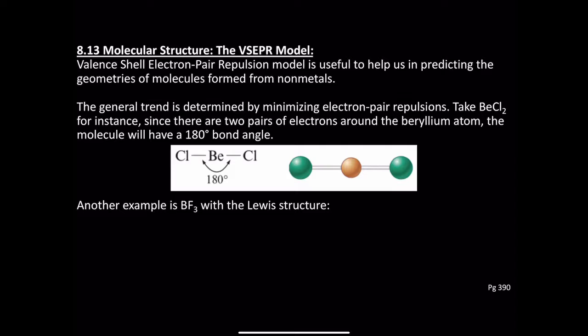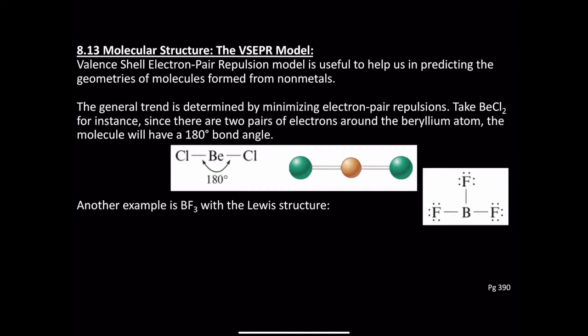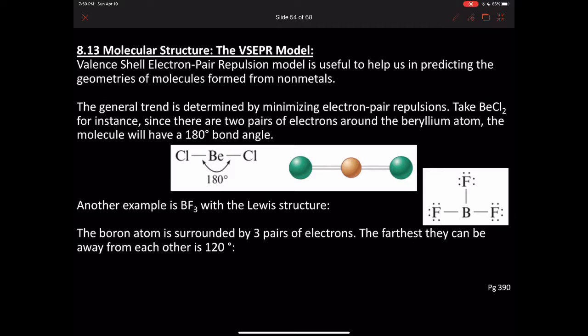Another example is boron trifluoride with this Lewis structure. As you can see, the boron atom is surrounded by 3 pairs of electrons, which are those bonds here, so 2, 4, 6, and the farthest away that they can be from each other is 120 degrees.